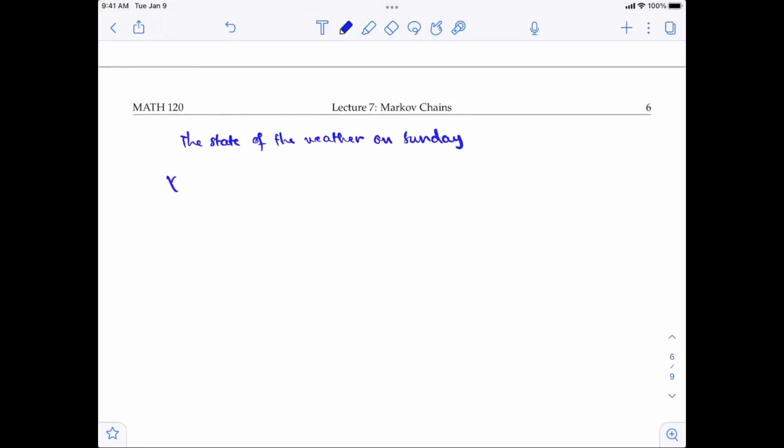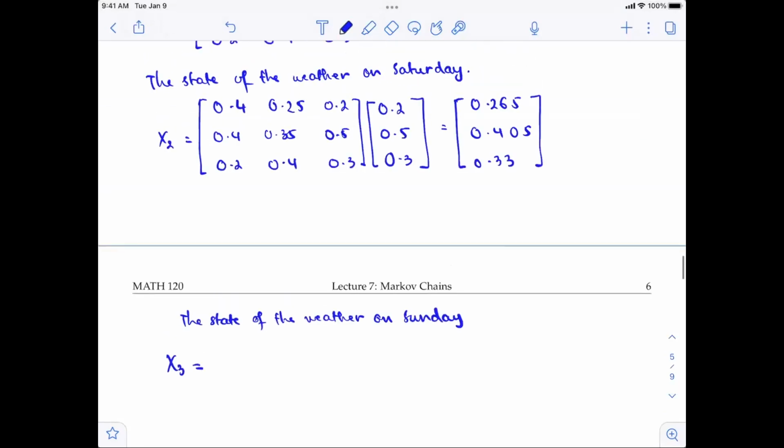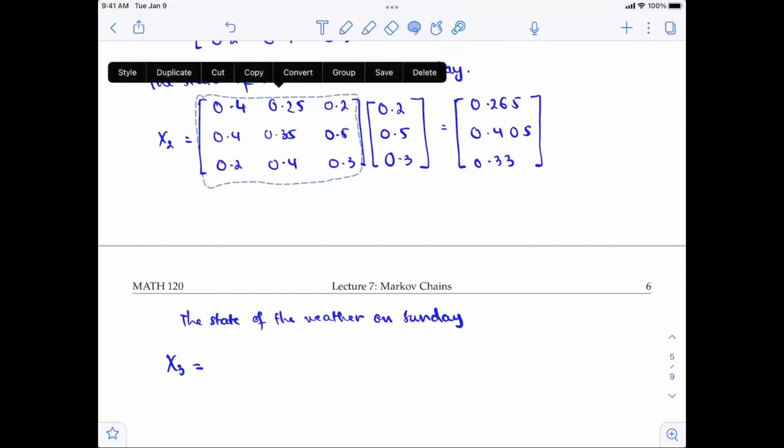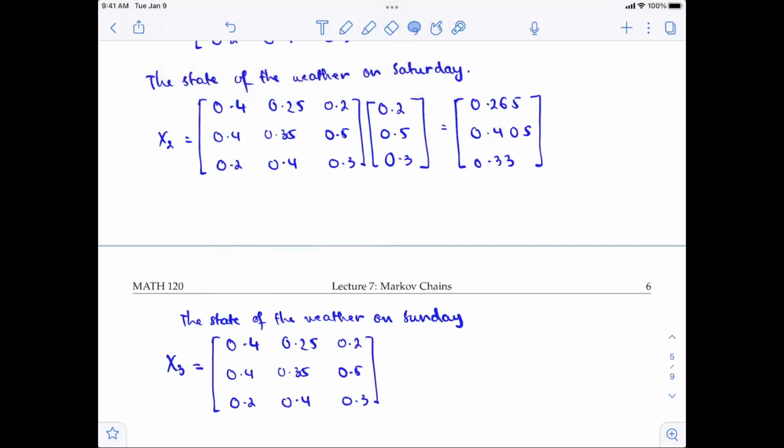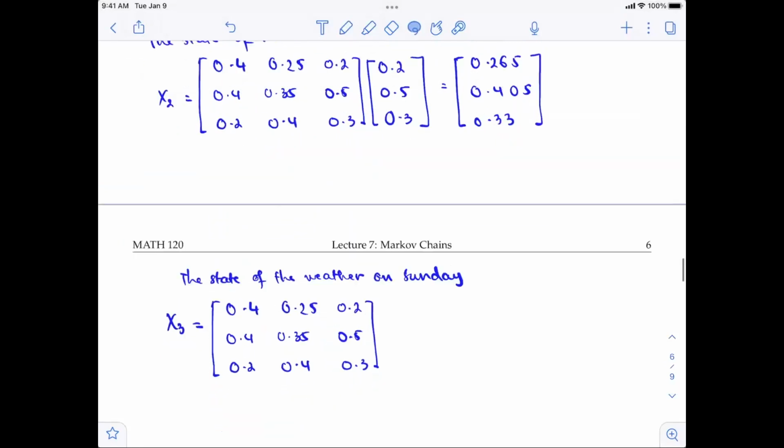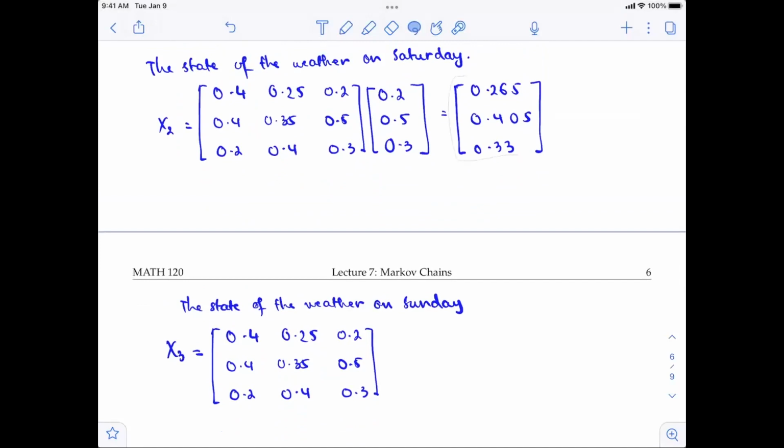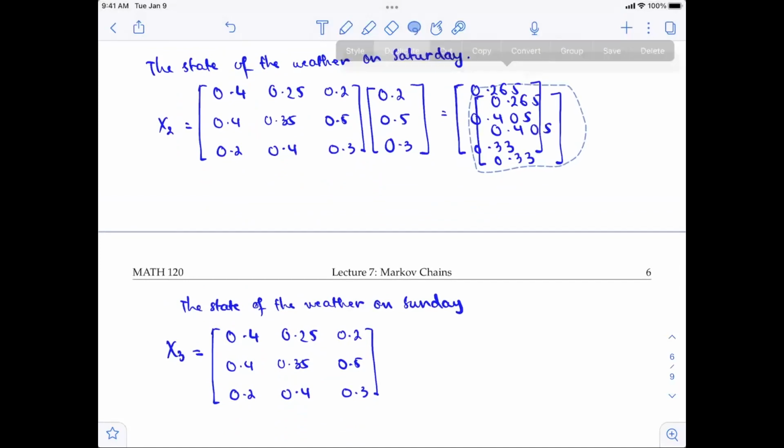So that is X3 equal to the matrix multiplication between the transition matrix and the state of the weather that you found in this case, so that means you multiply with X2. So let me copy this matrix one more time, and I'm going to use that to multiply with this state of weather.